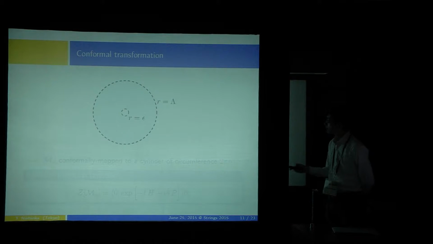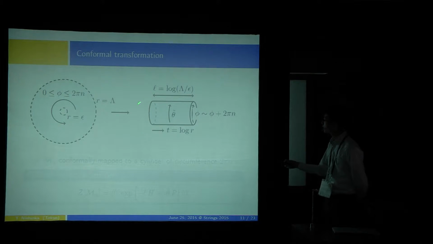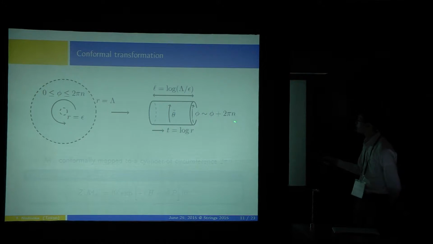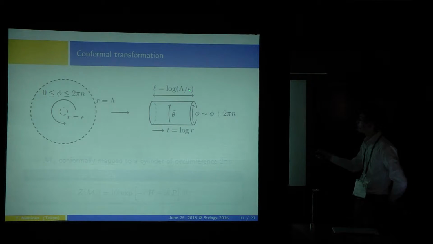And then I map this n-fold cover to a cylinder. This is nothing but the usual radial quantization. So here you have a cylinder of circumference 2 pi n, and since I regularize the radial direction, the length of the cylinder is given by log of lambda divided by epsilon.